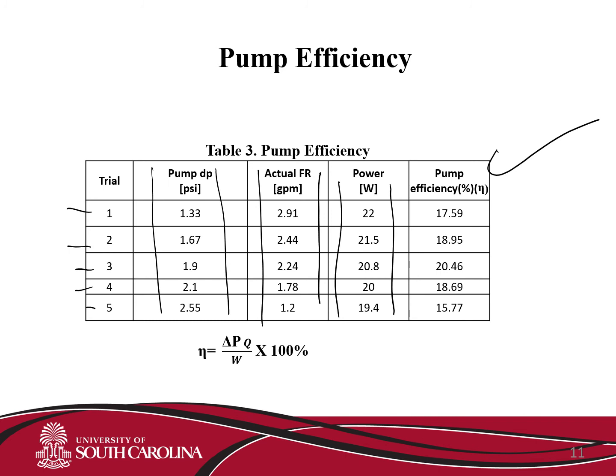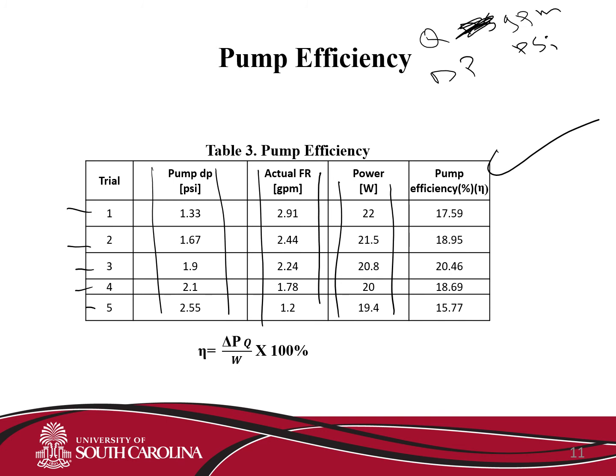For delta B, you need to use the right unit. If you use British units, flow rate per minute and delta B in PSI.